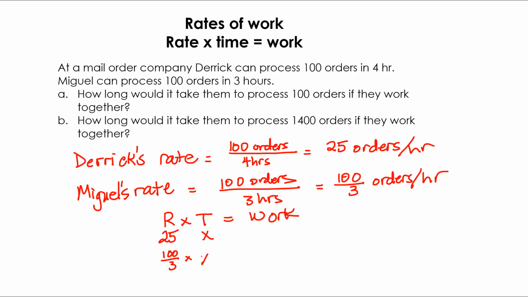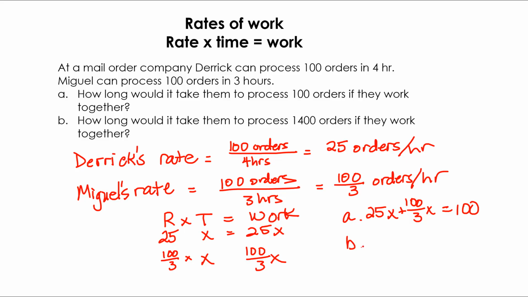They're working together, so they're just working in the same time. So 25x and 100 over 3 x. If I add those up, I want to get 100 for part A. So part A, 25x plus 100 over 3 x, we want that equal to 100. So we would multiply that out. We would solve for x, and we would find out how long it would take.